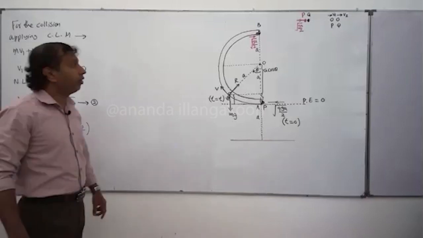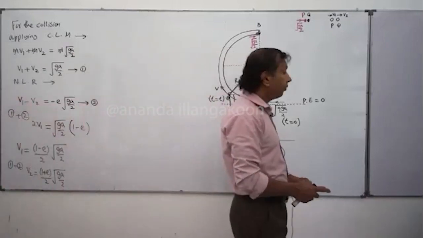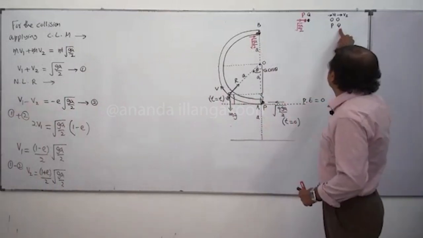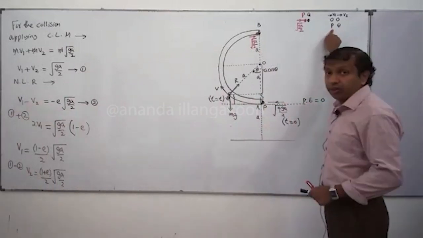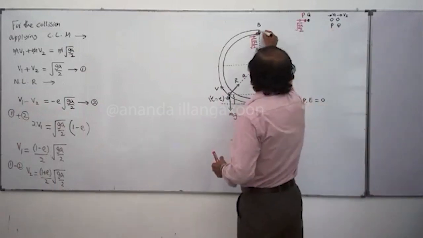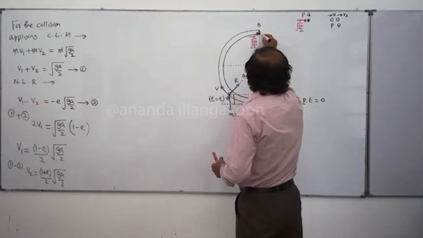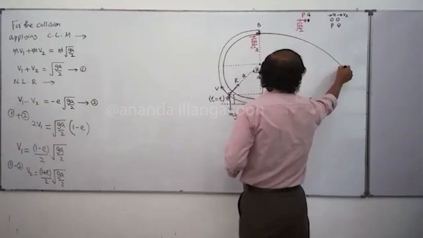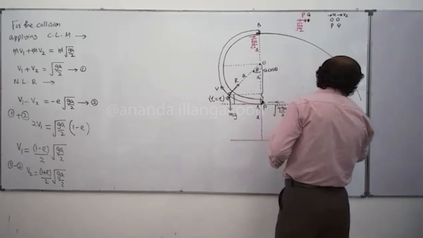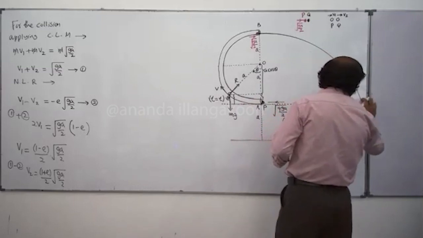V2 greater than v1 means after the collision, the particle Q moves faster than the particle P horizontally. This is the v2 now. Particle Q therefore has greater velocity, so it moves more horizontal distance than P moves.